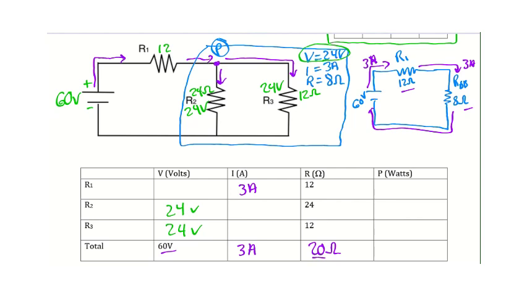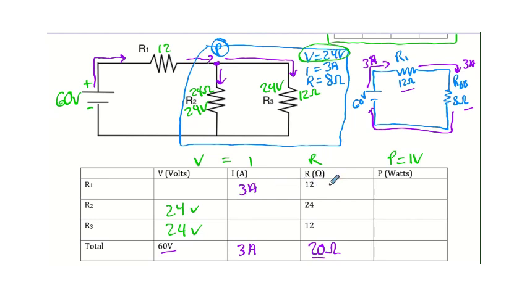So recall that the VIR table is laid out such that it begins with Ohm's law. So let's go ahead and figure out our total voltage.